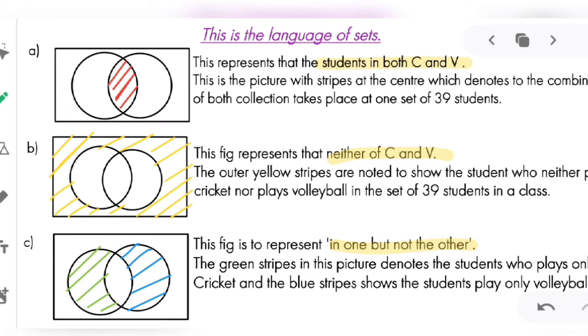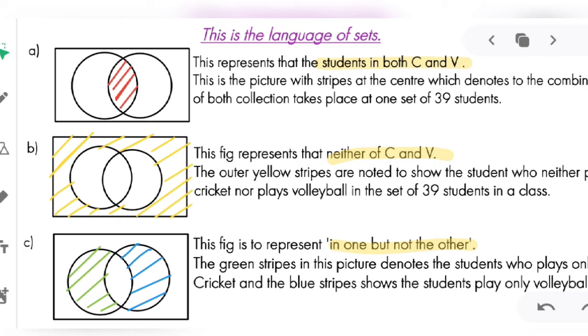This is the language of sets that uses a picture like this. This is called a common and usual diagram in set language. Why are we using this type of picture in our set language?